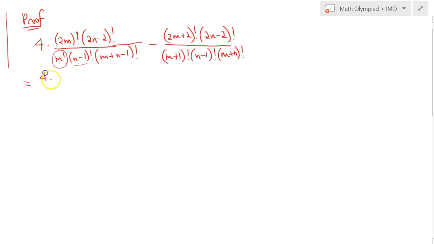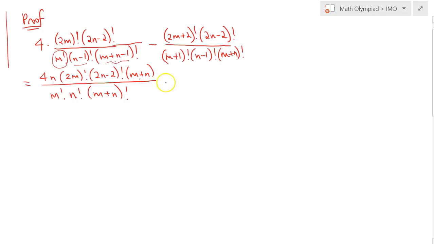So 4 times n times (2m)!. And for the second one, I'm missing an m plus n. So I still keep (2n minus 2)!, and then I'm adding an m plus n as well. This way I add to the denominator the same thing: m! times n!, and (m plus n)!.